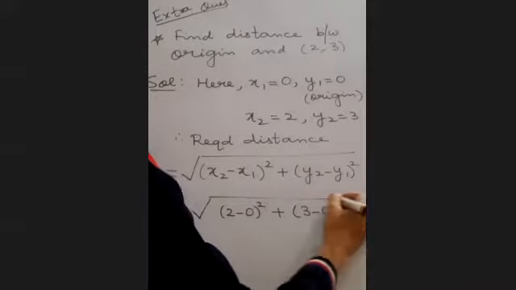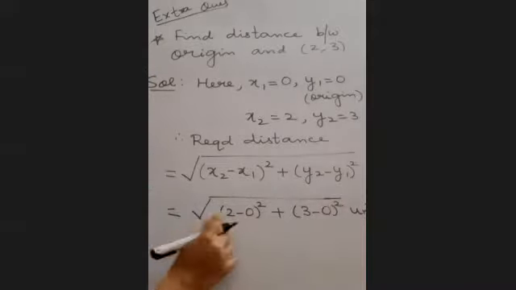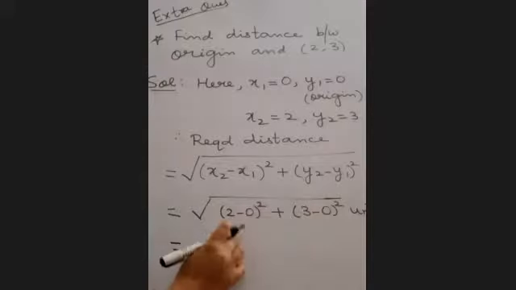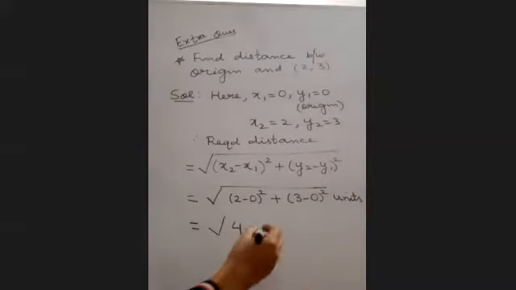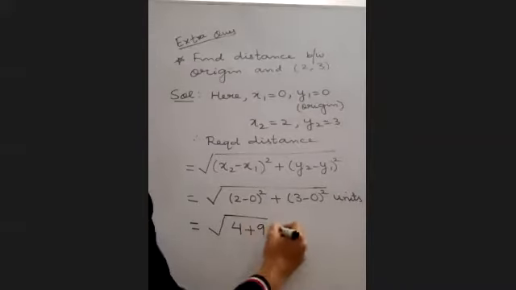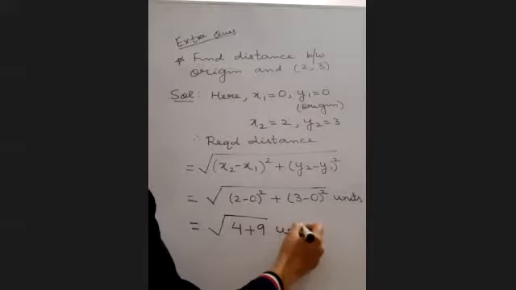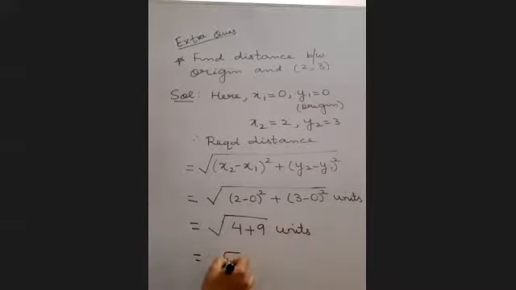What is 2 minus 0, children? 2. And 2 square will be 4. 3 minus 0 is 3, and 3 square is 9. So under root 4 plus 9, that makes it under root 13. All right. The only thing you have to be careful about is that we are given the origin. So origin is 0, 0. All right.